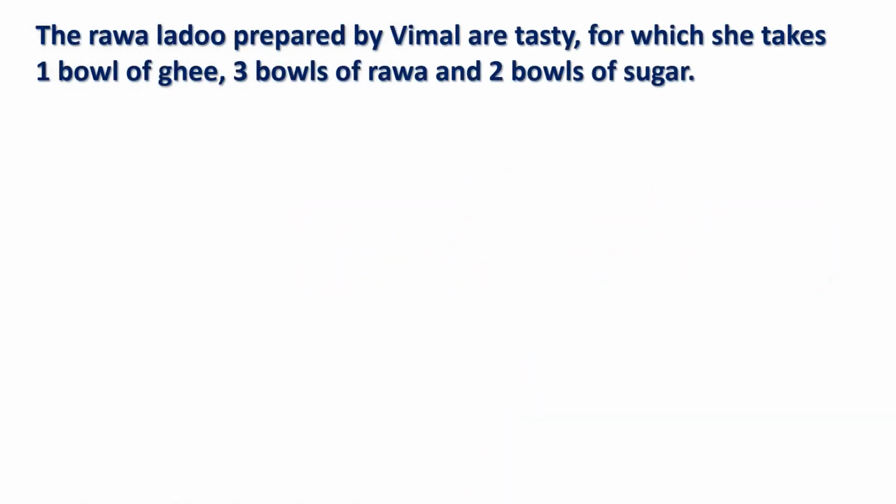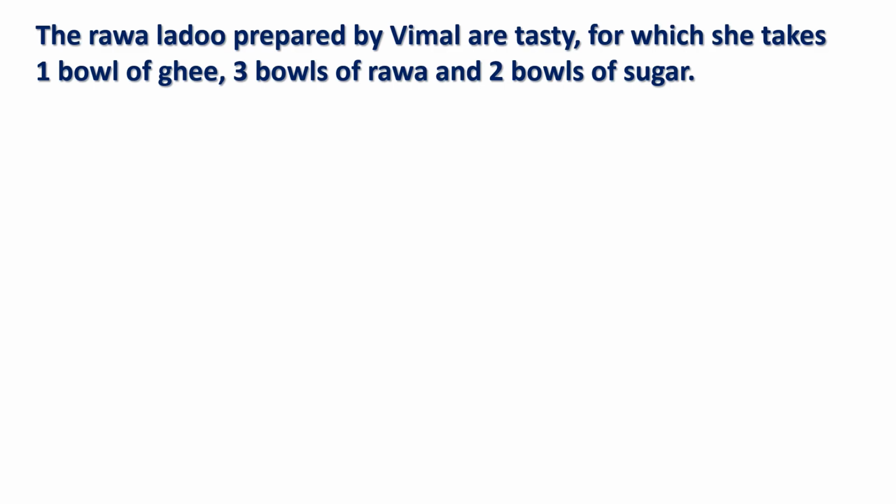Here is a simple situation to make you understand the concept of ratio and proportion. The rava laddu prepared by Vimal are tasty, for which she takes 1 bowl of ghee, 3 bowls of rava and 2 bowls of sugar. It's a very simple thing.